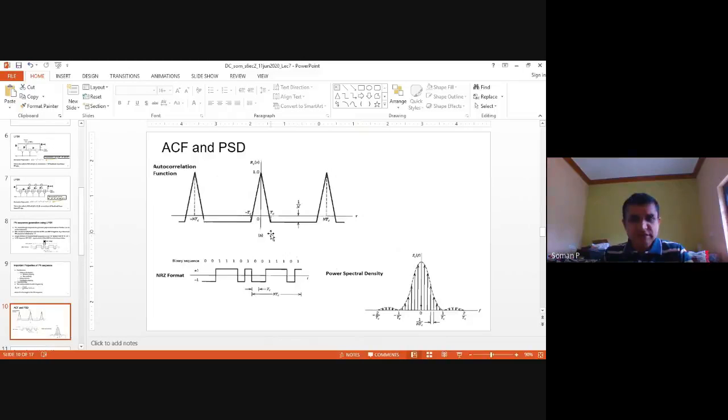The autocorrelation function will be minus 1 by n. So this is the structure, and again this is a periodic structure, and the period is the same as the length of the sequence, n times Tc. Tc is the chip duration, so this is periodic.